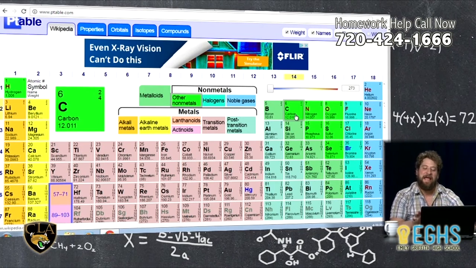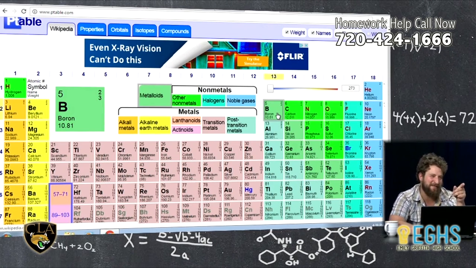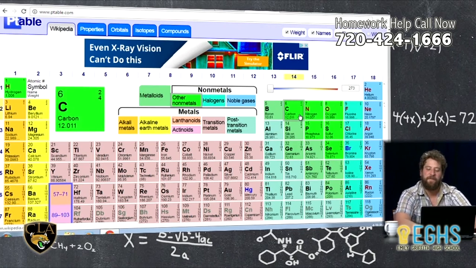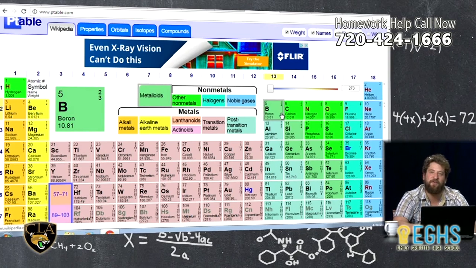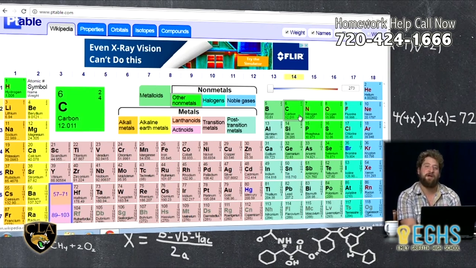The reason that the atomic radius gets larger as you go to the left on the periodic table is, if we think about carbon and boron, I know that's the second part of that question, but I'm going to start here. Carbon has a smaller atomic radius than boron does. The reason is carbon has an additional electron, neutron, and proton compared to boron.